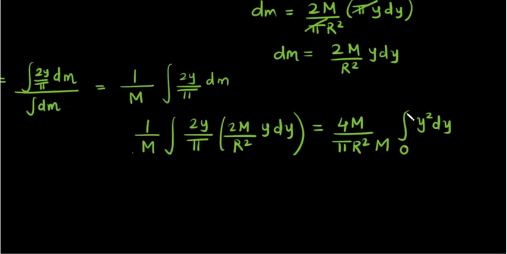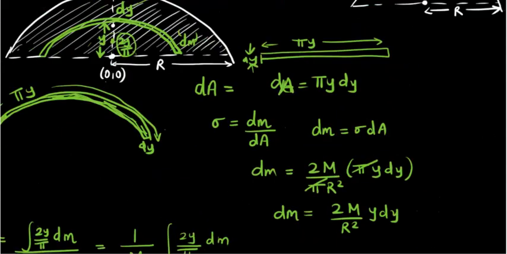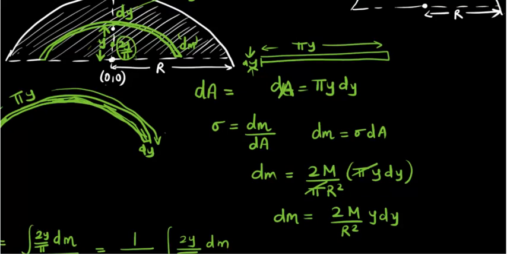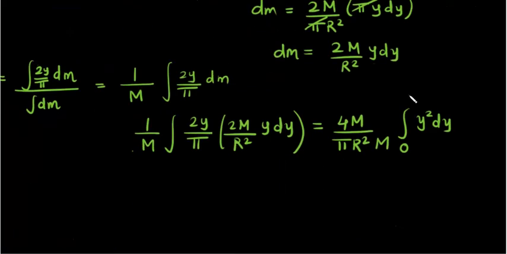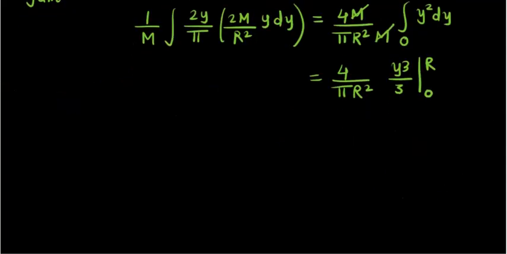The integral will be from 0 to r, the radius. So this m and m will basically cancel out. So this is 4 upon pi r square, times y cube by 3, and the integral limits are from r to 0.